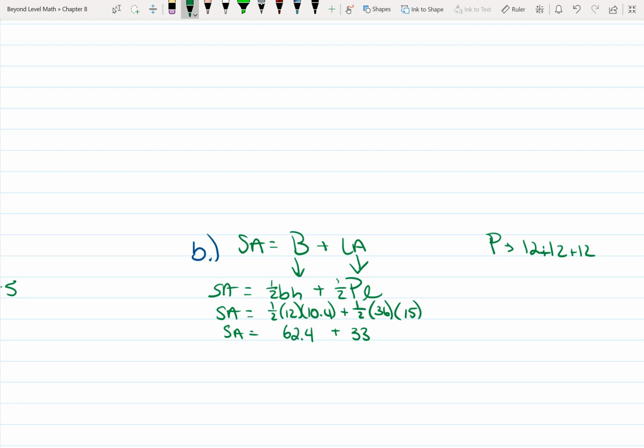That's not right. Times 15. There we go. Not 33, it's 270. Okay. 270 plus 62.4 gives us 332.4. Surface area equals 332.4, and it is meters squared.